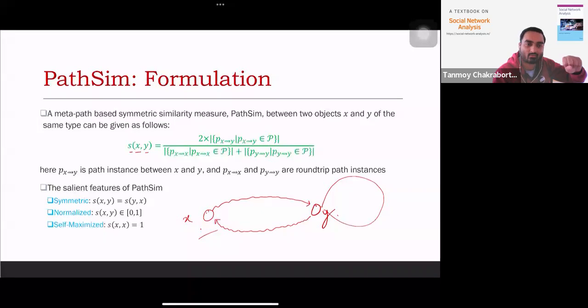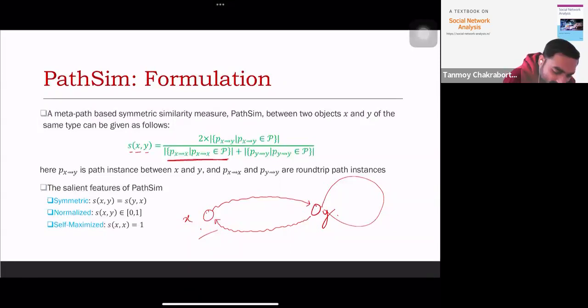So X has round trip metapaths via Y, via A, via B, via C. Y also has round trip metapaths via X, via Y, via Z, via P, via Q. How many of these things actually go through X and Y? So you see here, this is a round trip metapath for X. This is a round trip metapath of Y.